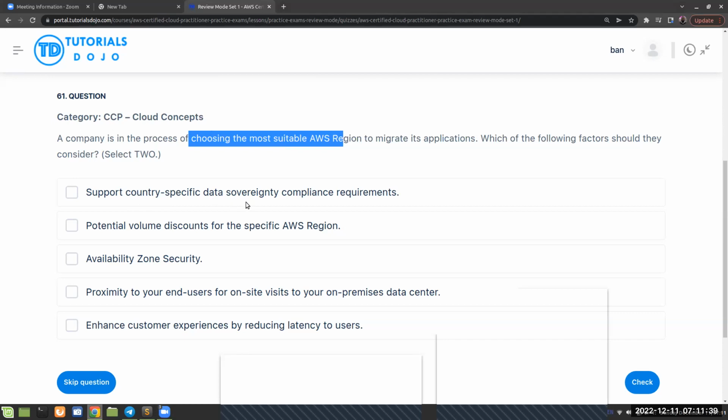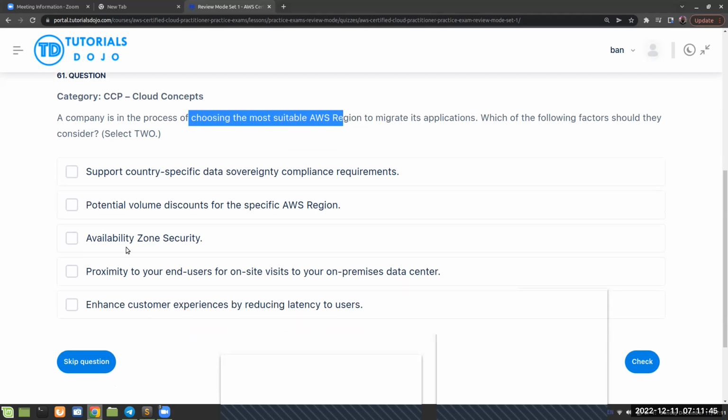Support country-specific data sovereignty compliance requirements, potential volume discounts for the specific region, availability zone security, proximity to your end users for on-site visits to your on-premises data center, or enhance customer experiences by reducing latency to users. So what should you consider?